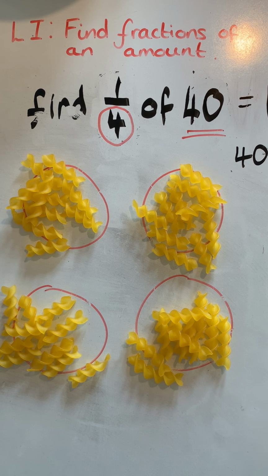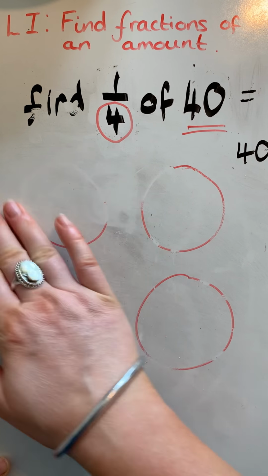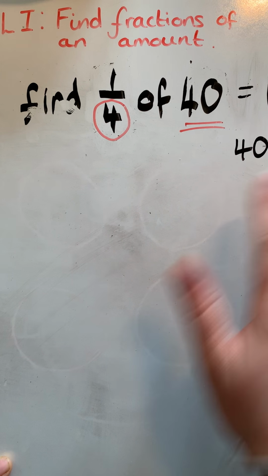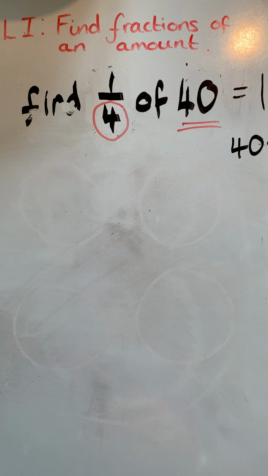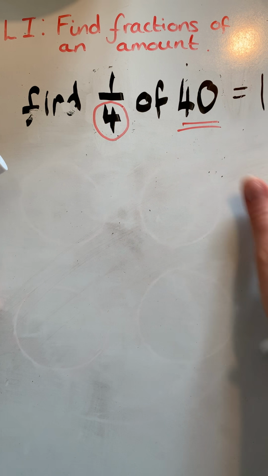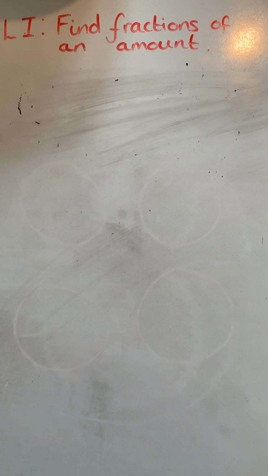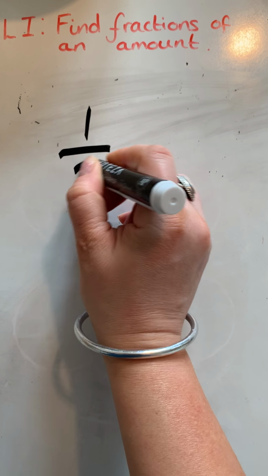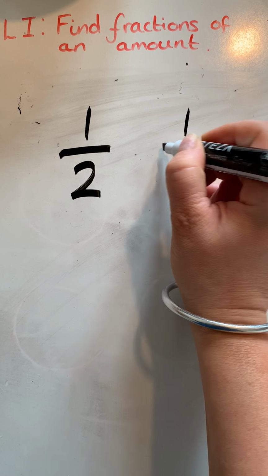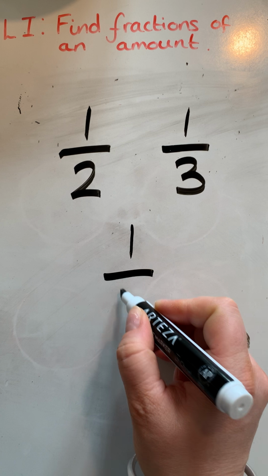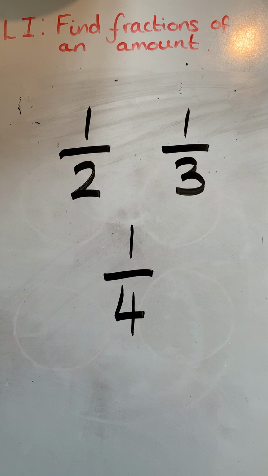I would like you now to have a go at trying to find some different objects in your house that you can split up. You could use tomatoes, blueberries, anything that you can find. And I would like you to have a look at trying to find 1/2, 1/3, and 1/4 of a number, okay?